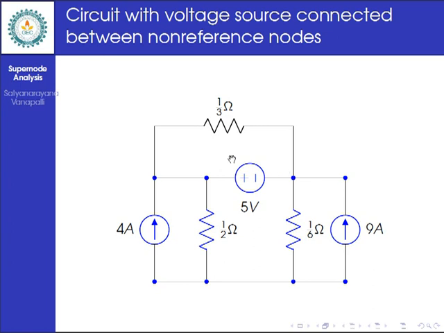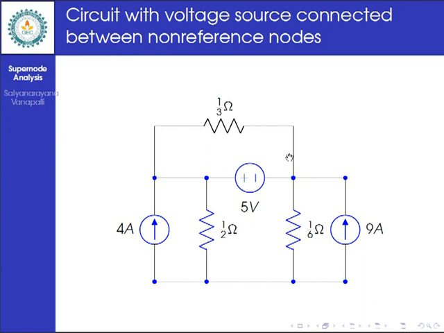It is not possible for us to determine the current delivered or absorbed by this voltage source, so it would be difficult for us to write Kirchhoff's current law equation either at node 1 or at node 2. This difficulty can be overcome in two ways.